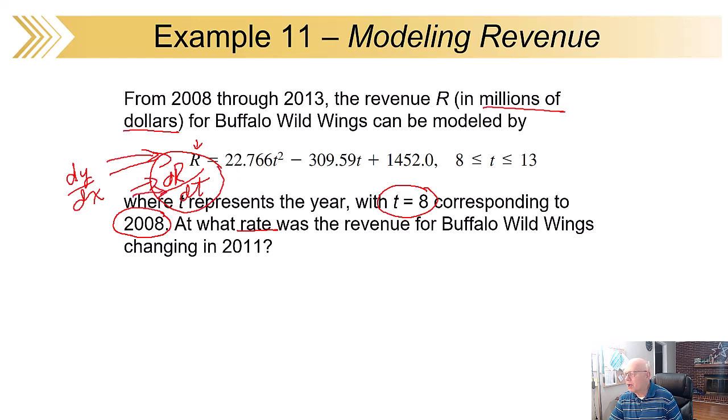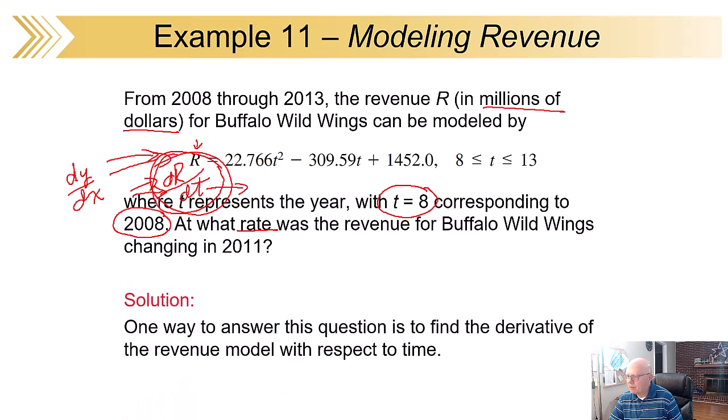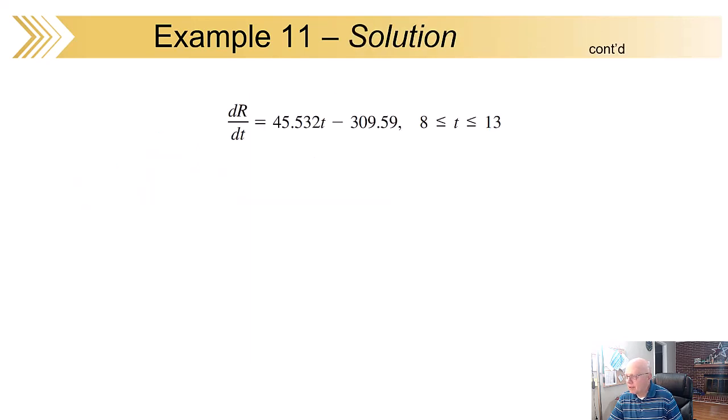Now, you know time is going to change in the positive direction, but this tells a small story. How is the revenue changing as time moves forward? So we'll find the derivative of the revenue model with respect to time.